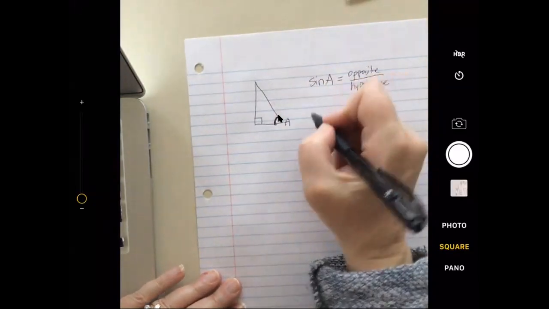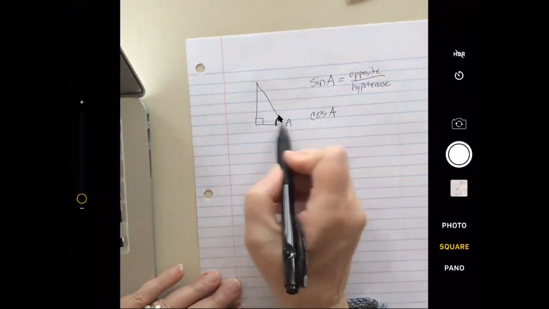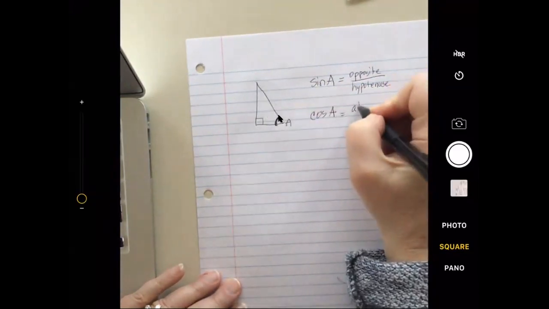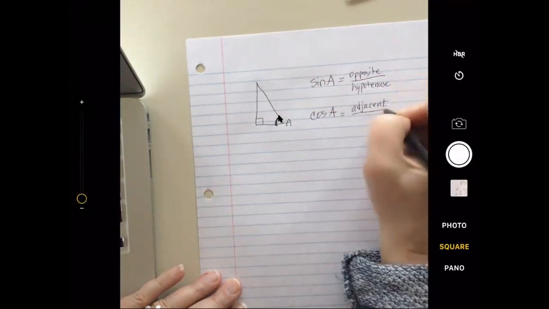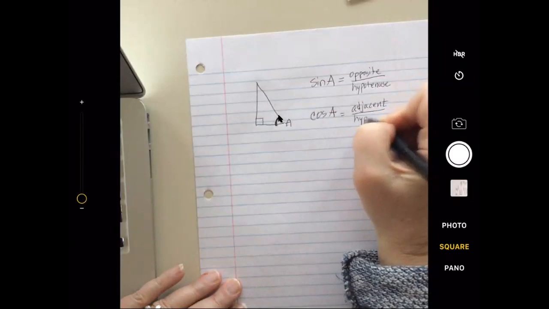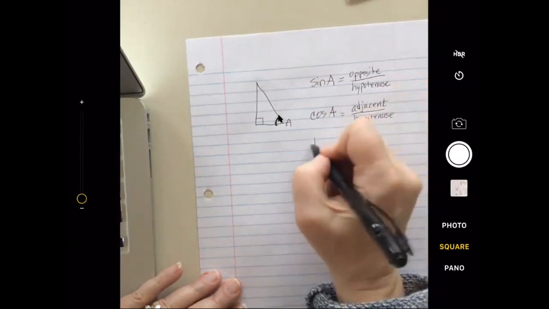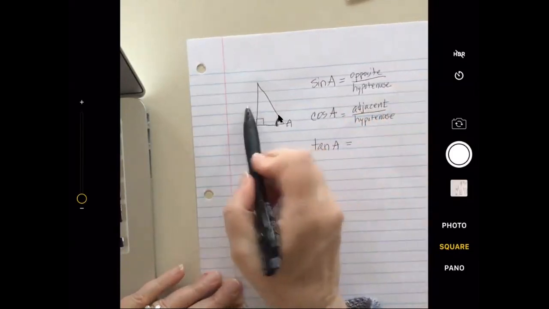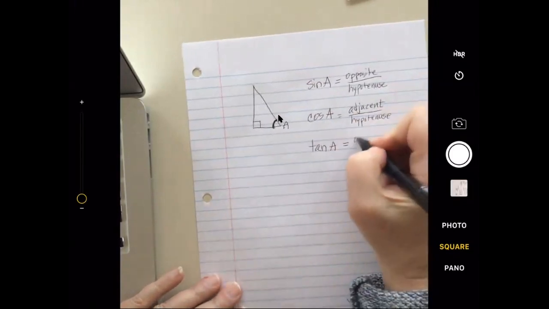The cosine of angle A is the adjacent leg over the hypotenuse. Adjacent means touching. And the tangent of angle A is the opposite side over the adjacent side.